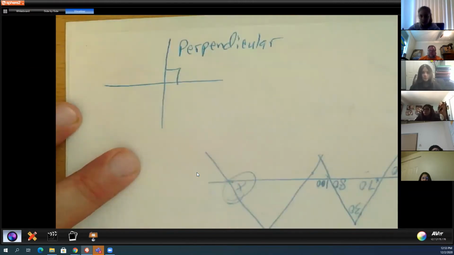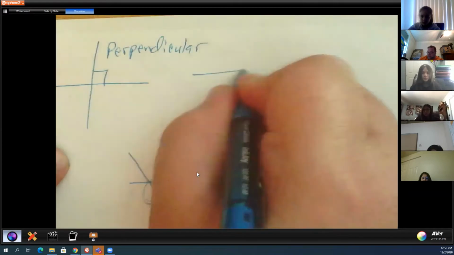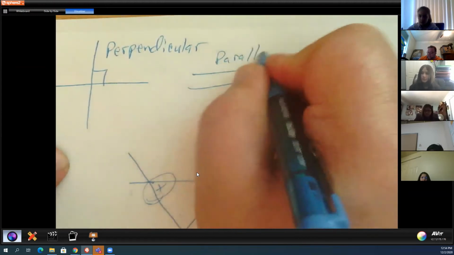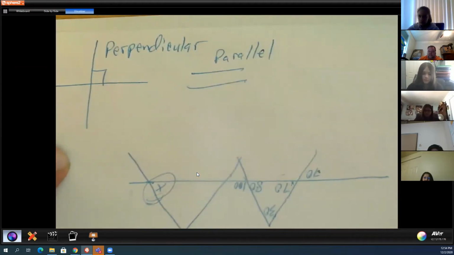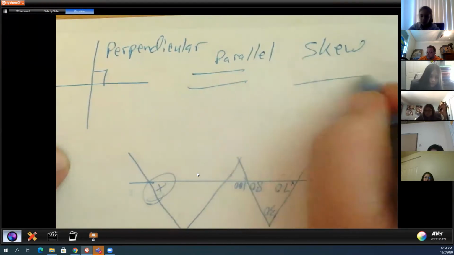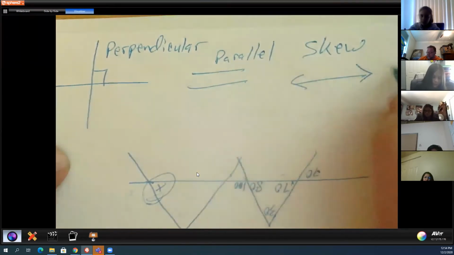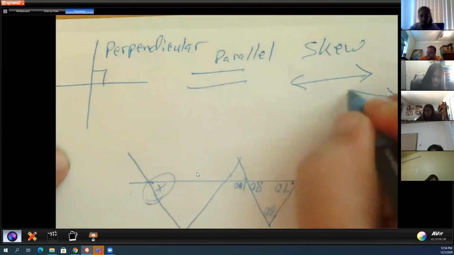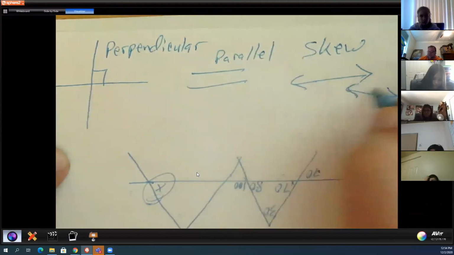Parallel lines are ones that never touch. Skew lines, remember skew, are lines that are usually not in the same plane, so that they don't even intersect.